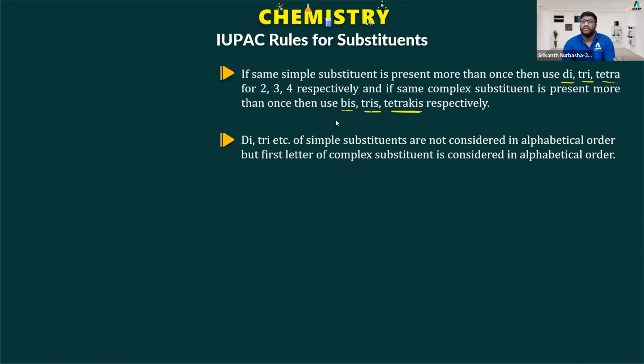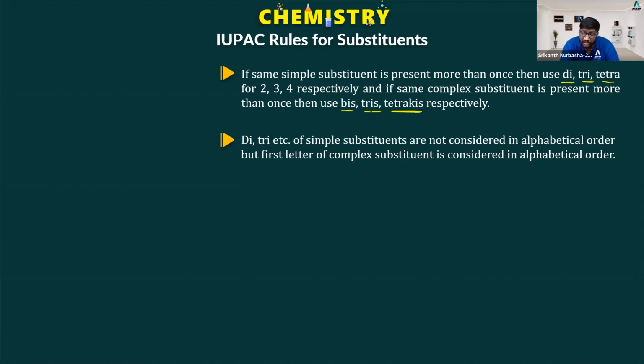Whenever more than one bidentate ligand is there, you use bis, tris, tetrakis. If you have simple ligands, we use di, tri, tetra. Yes or no? So di, tri, tetra are used for 2, 3, 4 substituents. And if you have more than one of a complex substituent, then you use bis, tris, tetrakis, etc.